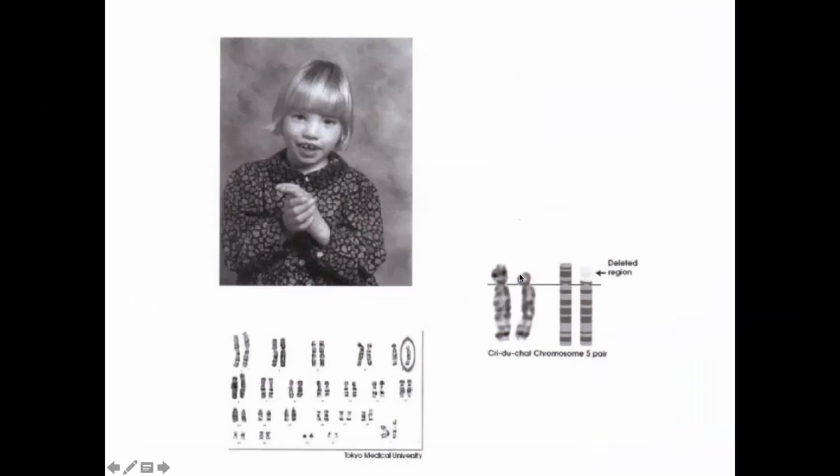Here's the deleted version, represented schematically over here, represented in the karyotype down here. And here's the girl with this particular karyotype. So again, you can see the almond-shaped eyes, teeth form abnormally, mental retardation, and there's a very characteristic hand-wringing behavior that's associated with this condition as well.